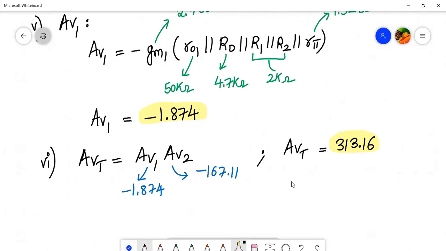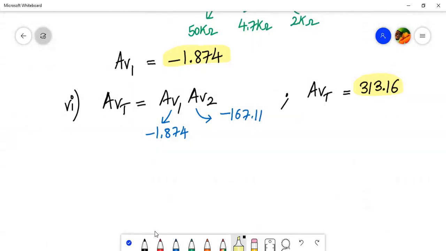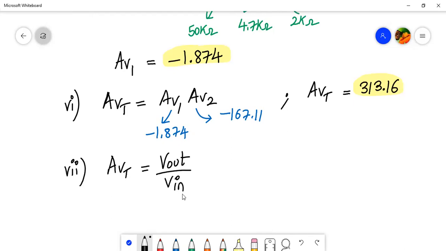Now we have to calculate the output voltage, right? So to calculate the output voltage, we'll write the total voltage gain formula. It is V out upon V in. So V out will be V in into AVT. What's the value of V in given?